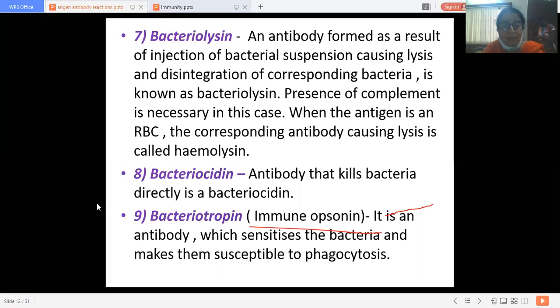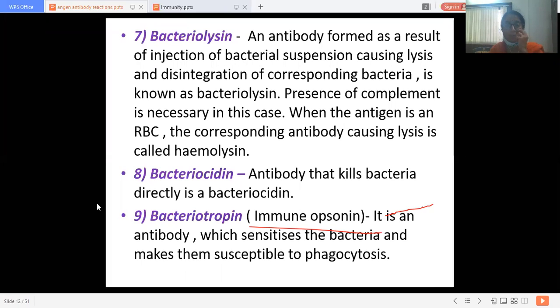Then next is bacteriotropsin, also called immune opsonin. It is an antibody which sensitizes the bacteria and makes them susceptible to phagocytosis. Here also sensitization occurs towards the bacteria, but after sensitization it doesn't remain silent; later on there is phagocytosis.